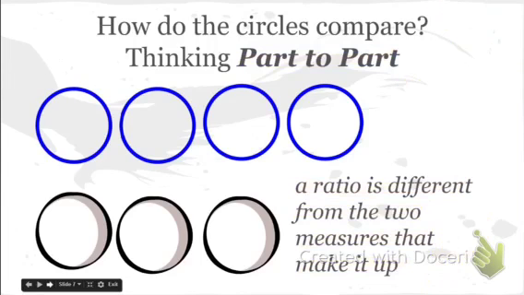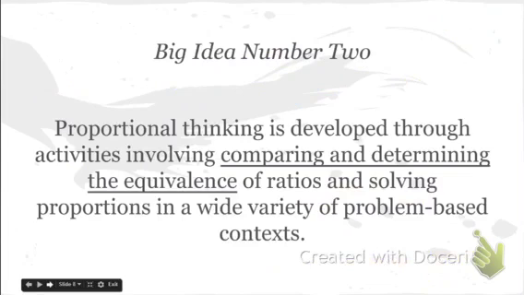Alrighty, so big idea number 2 is this. Proportional thinking is developed through activities involving comparing and determining the equivalence of ratios and solving proportions in a wide variety of problem-based contexts. This idea of problem-based contexts is the way you develop it.